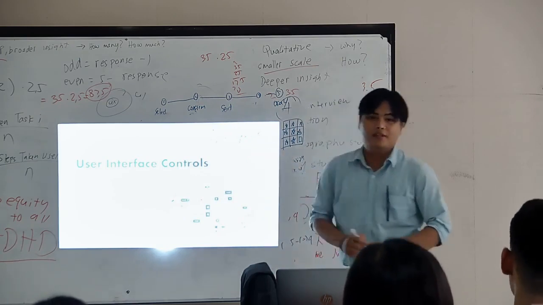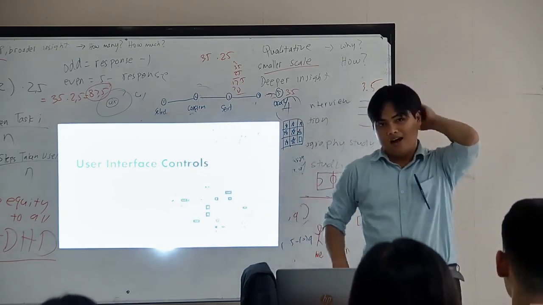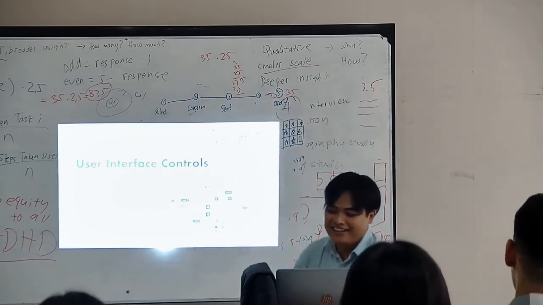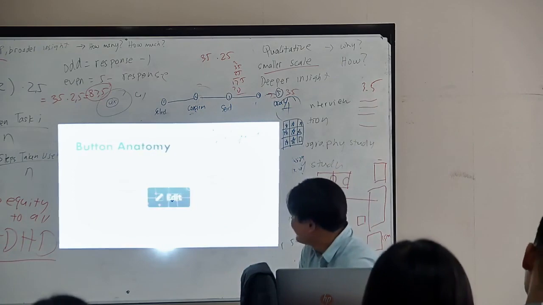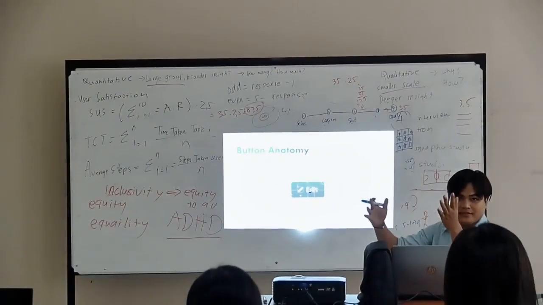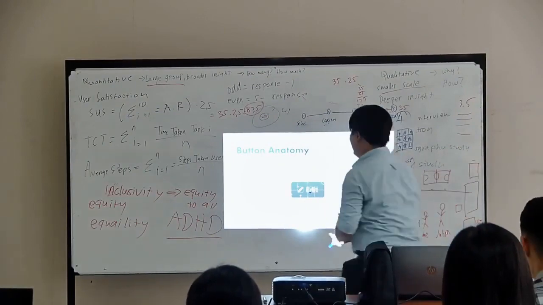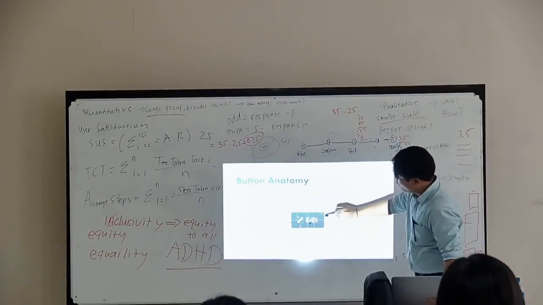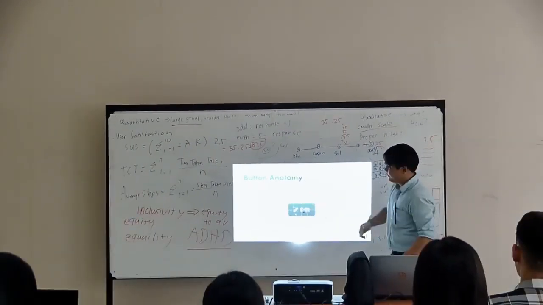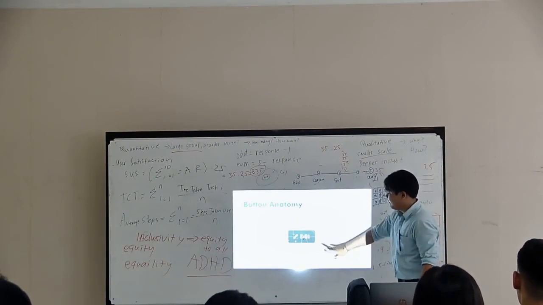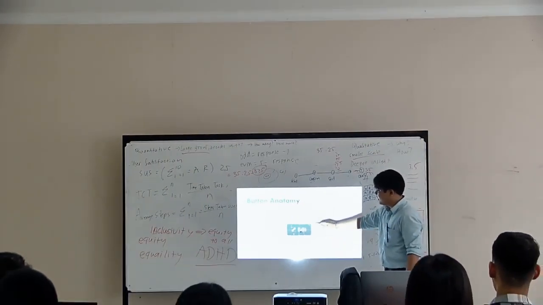You know anatomy? So this is button anatomy. We have padding. Padding is the gap between the edge and the content inside. We have the icon, we have the label, and we have border radius.